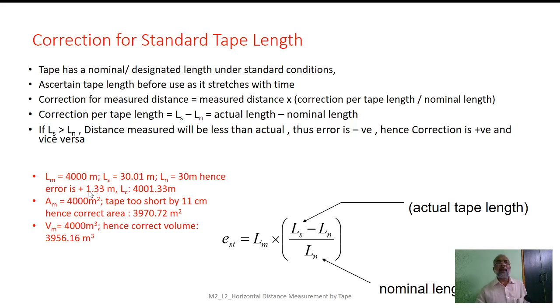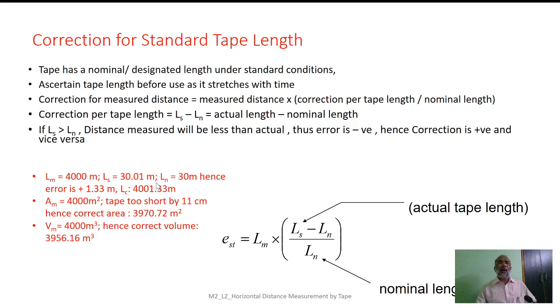As we make use of this expression, we'll be able to work out the error component as 1.33 meters with a positive sign, the actual length being more. Hence, the correct length should be 4001.33.